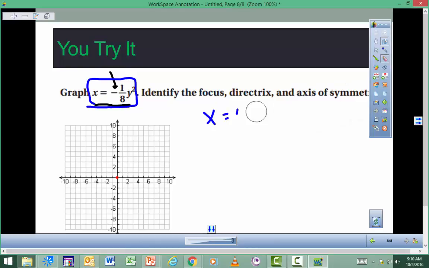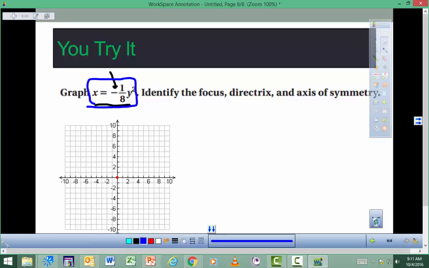The correct form that I'm looking at on my cheat sheet says y squared is equal to 4px. Does that make sense? Is that what you have on yours?